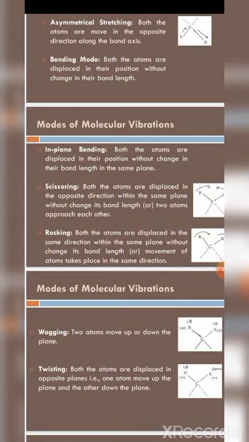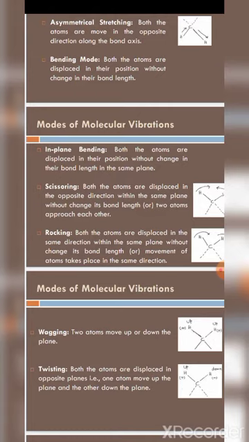In bending mode there is a chance of change in plane, but in in-plane bending they should interchange their position without changing their bond lengths, and they should change in the same plane only.